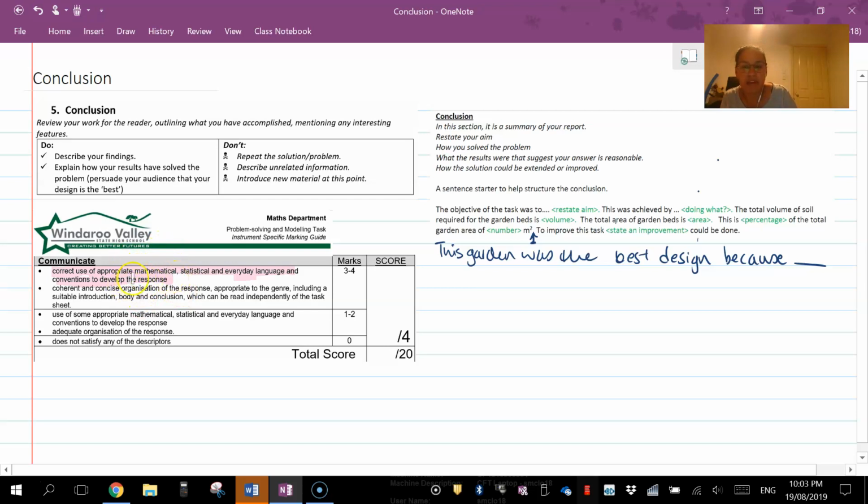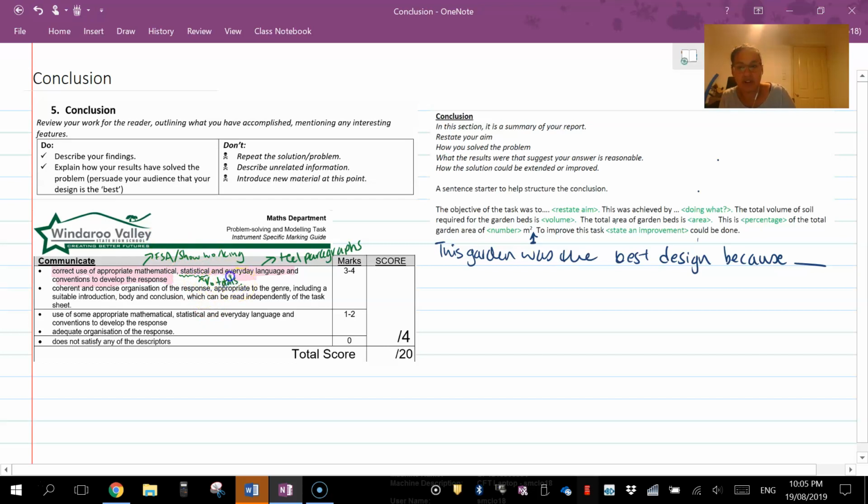Then mathematical, so appropriate mathematical is what we're looking for here: FSA, show working. Everyday language: paragraphs. We don't have so much of the statistical information, but you might consider percentage totals, which might help you with your statistics to develop a response.